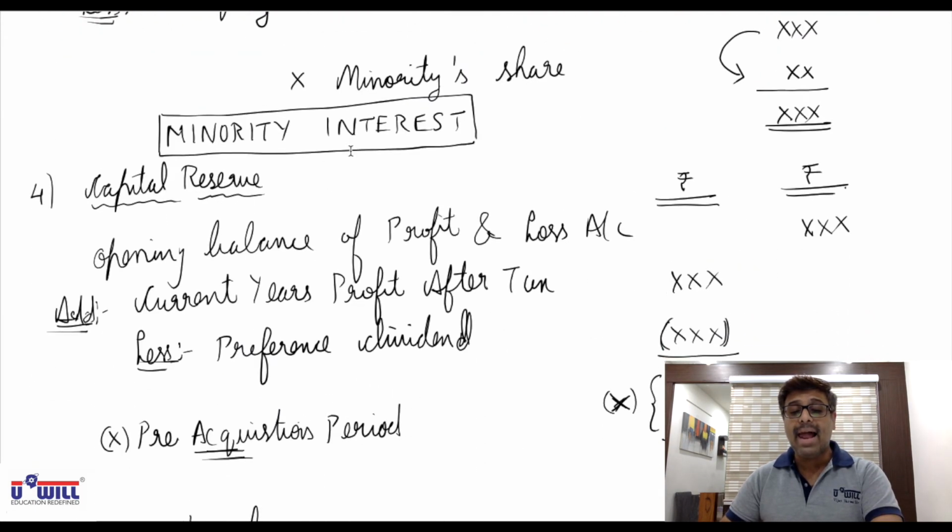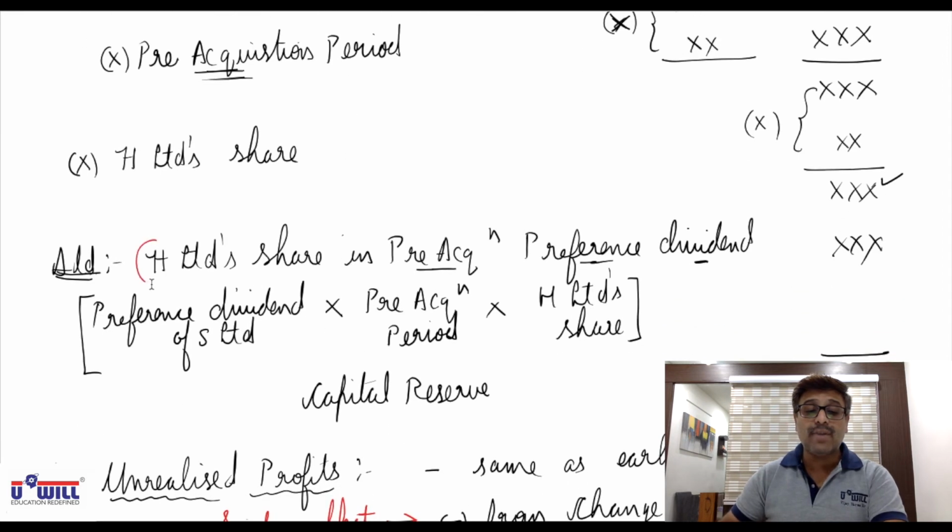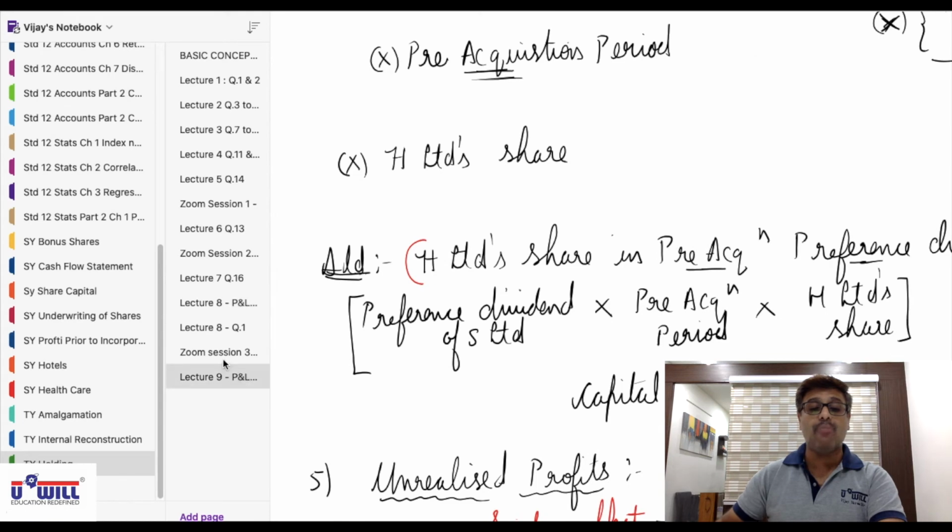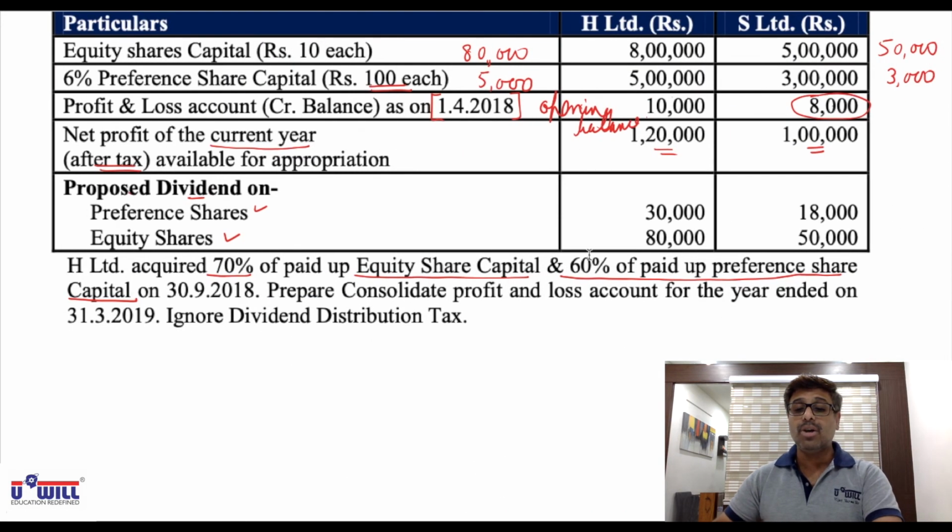And here we will also find H Limited's share in pre-acquisition preference dividend. All those points will come in this question because preference shares are also acquired. We will obtain 2 degrees of control. One is the degree of control of equity and the other is the degree of control of preference shares.